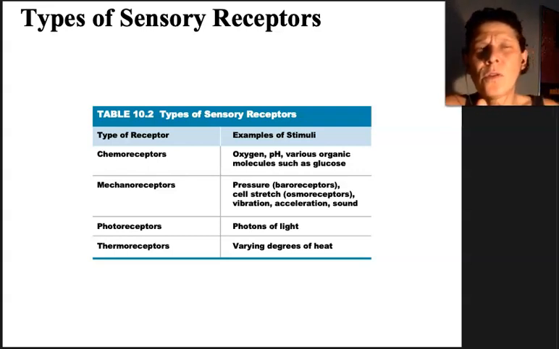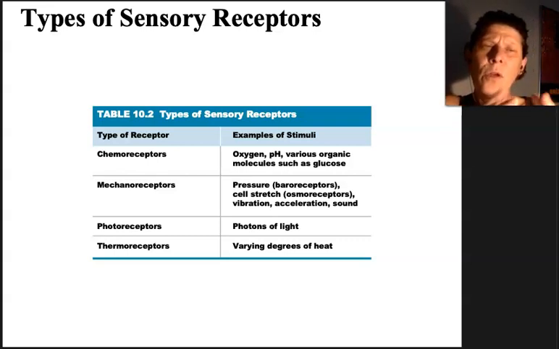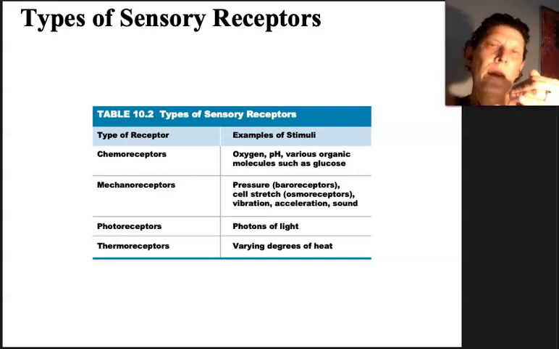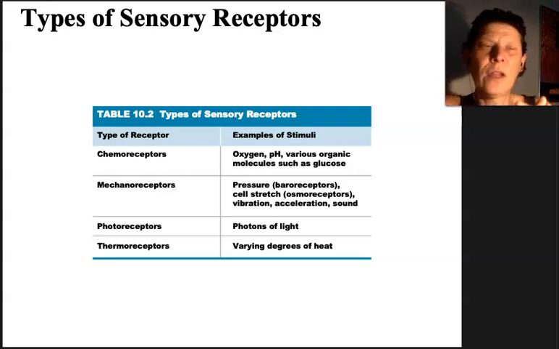And then, of course, the associated neurons can be myelinated or unmyelinated. Non-neural receptors are present for certain types of special senses, and they are highly specialized, and they're usually associated with a nerve. So you don't have a receptor just not associated with a neuron.